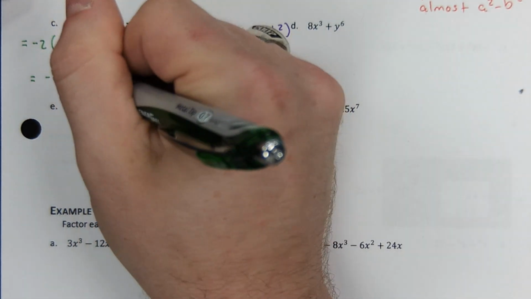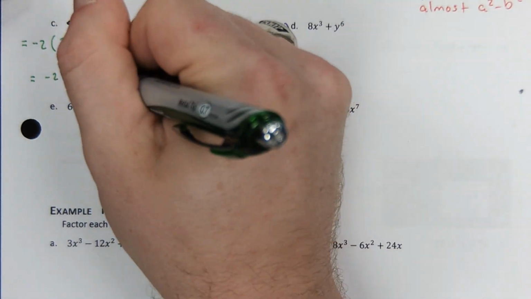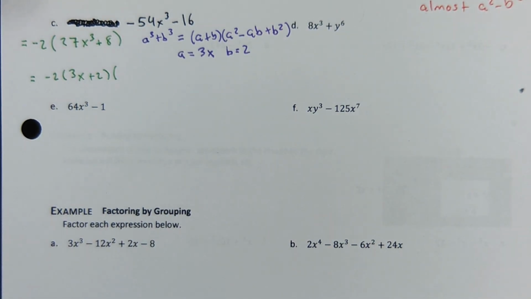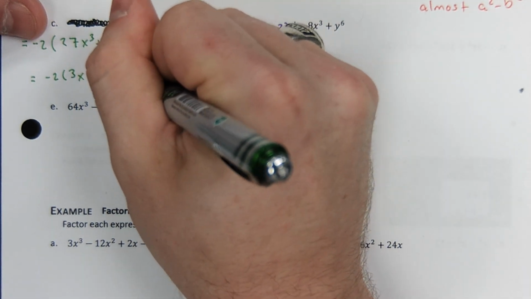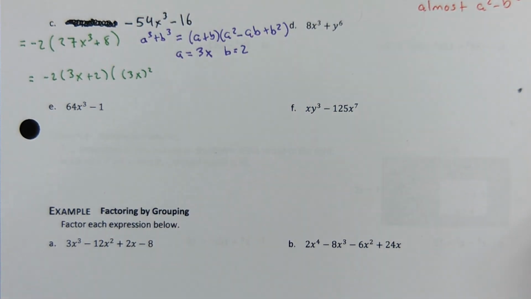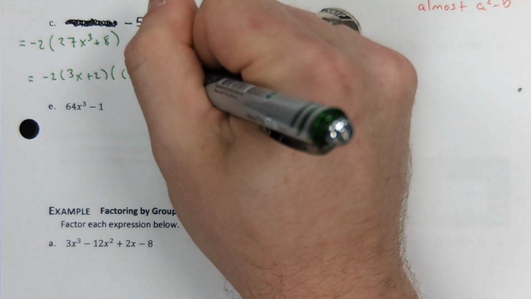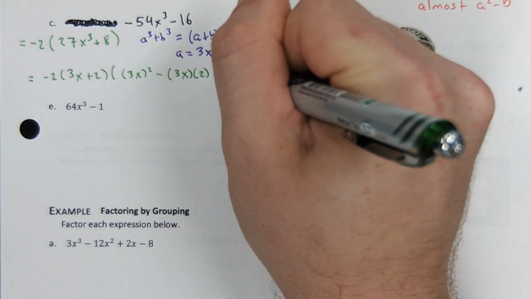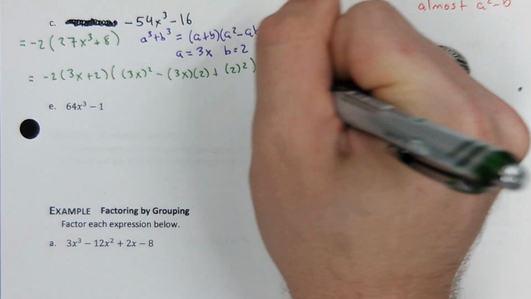My A, and then plus B, then my A quantity squared, but that's 3x squared. And then minus a 3x times 2, and plus a 2 squared.